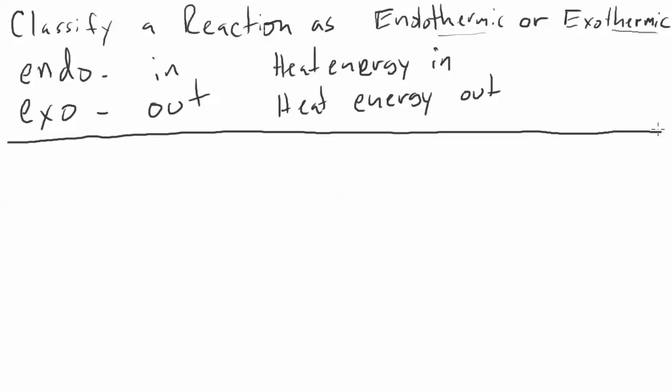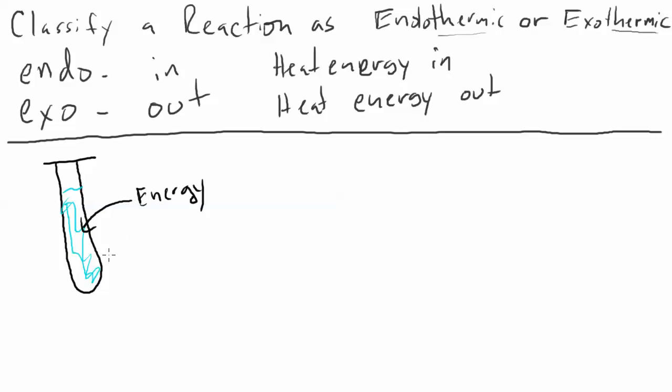Let's say you were running the reaction in a test tube and then you felt the test tube. Because endothermic means that heat energy is going into the reaction, the heat energy has to be coming from somewhere. So if this is a test tube and there's a solution, we mixed two solutions in there and there's a chemical reaction happening inside, and the heat energy is coming in, that would make it endothermic.